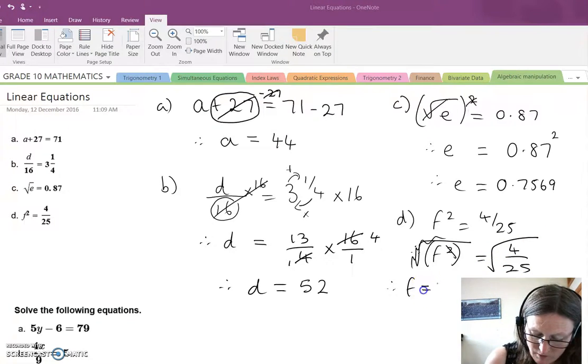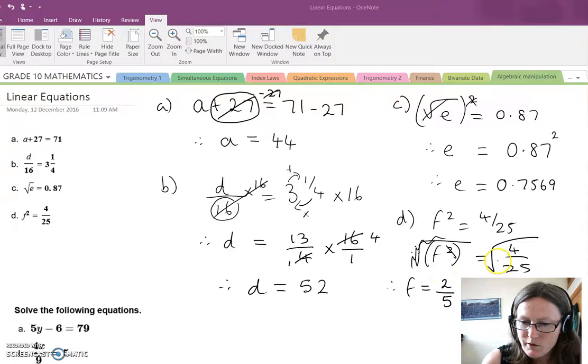The square root of 4 is 2, the square root of 25 is 5, and when we're taking the square root of something, we've got to remember that it gives us a positive answer and a negative answer. So the answer is F is equal to positive, negative 2 over 5.